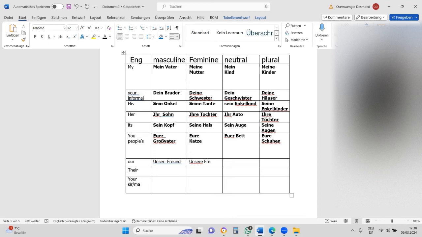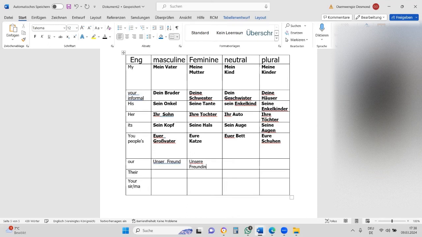If the friend is feminine, please use unsere. Unsere Freundin. Then if it's neutral, say unser Kleid, our cloth. Then we have unsere Kleider, our clothes.